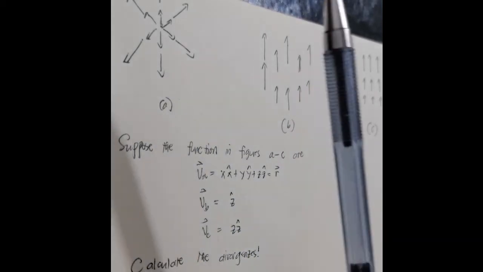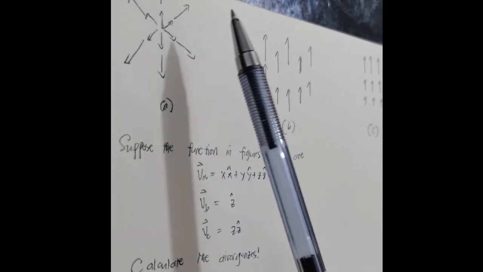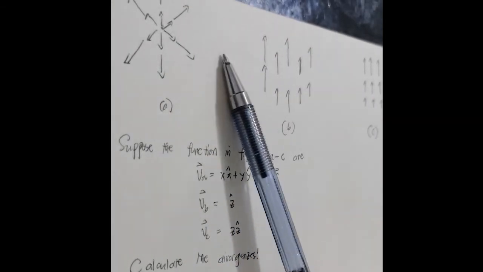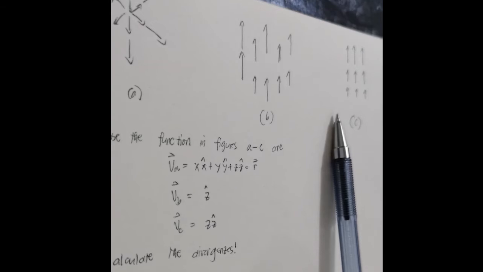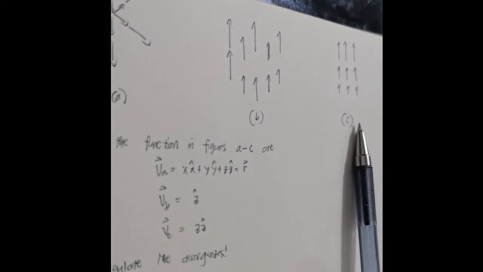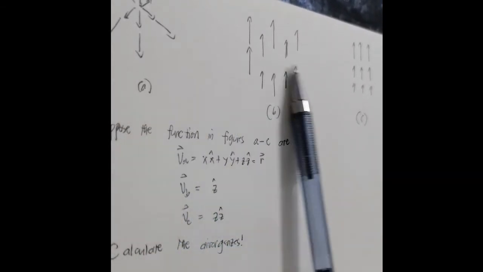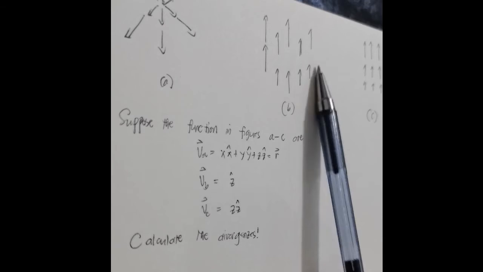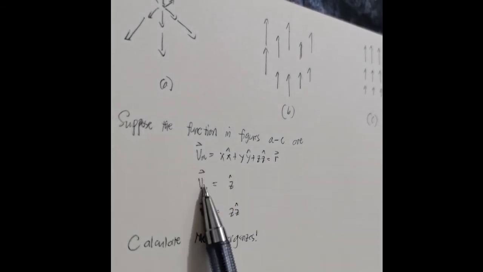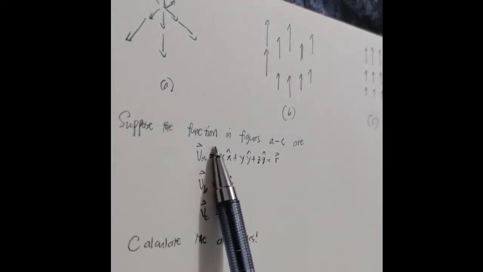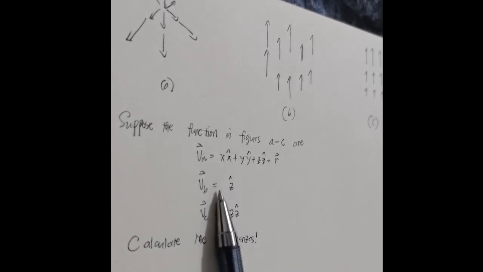We have this vector, it diverges in all directions, and we have also this vector and vector C. Now suppose that the figures we have here are represented by these equations.